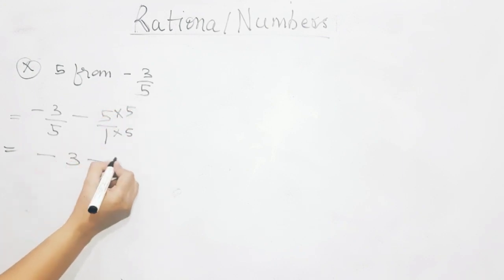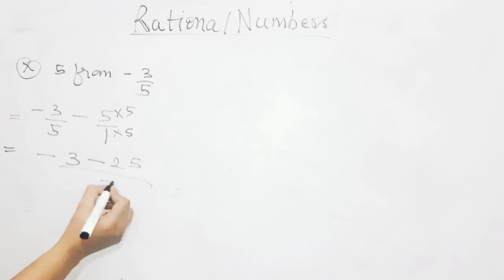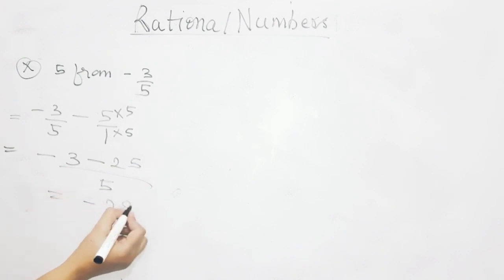So minus 3 minus 25 upon 5. The answer is minus 28 upon 5, because minus minus plus, right? So we have solved question number 2 also, and I hope everybody has understood the subtraction of rational numbers.